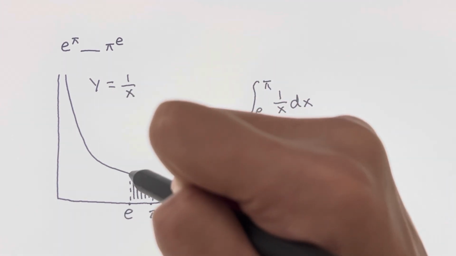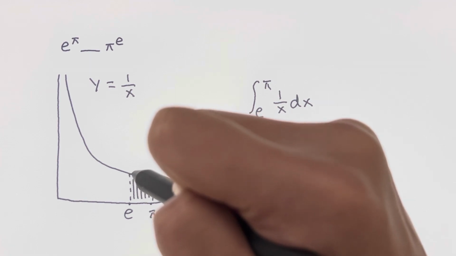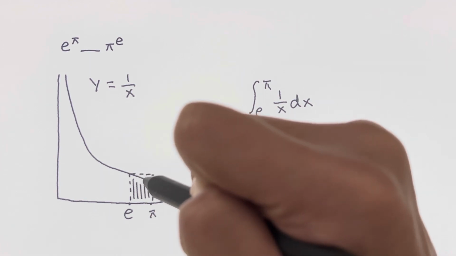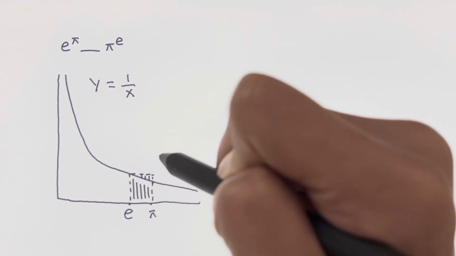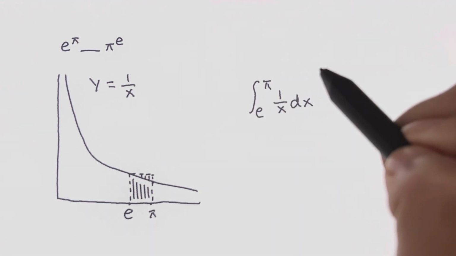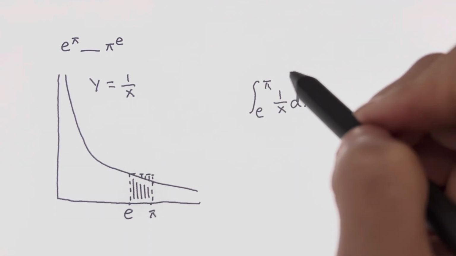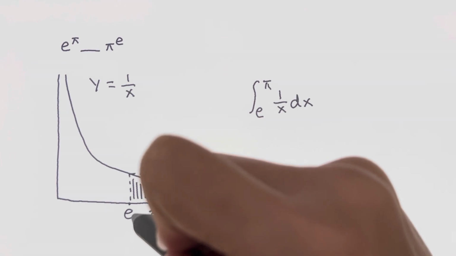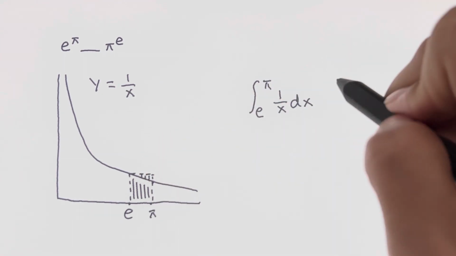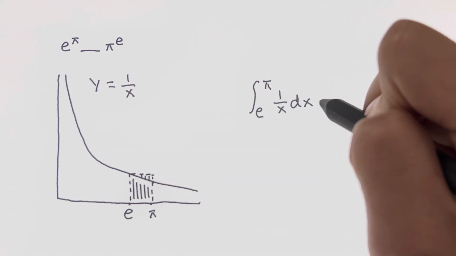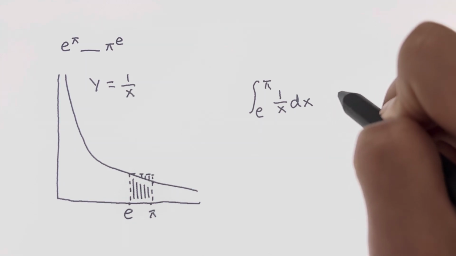And then to complete the rectangle, we can just fill this portion out. To find the area of this rectangle, we know that the width is going to be pi minus e.